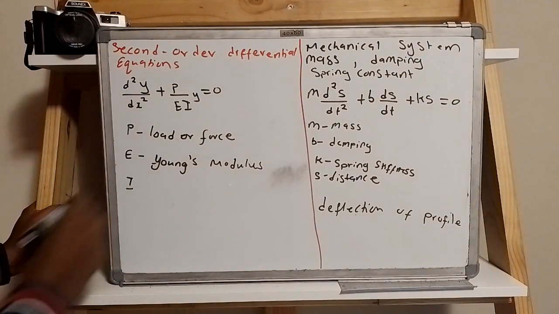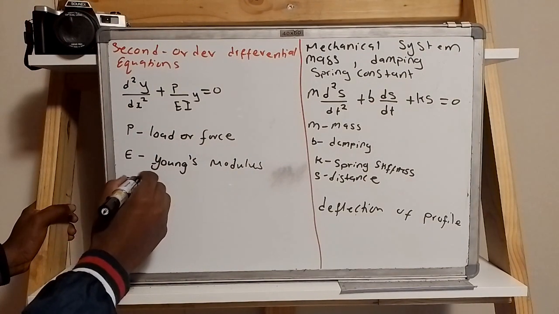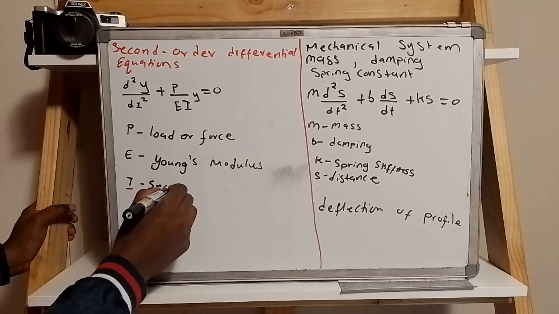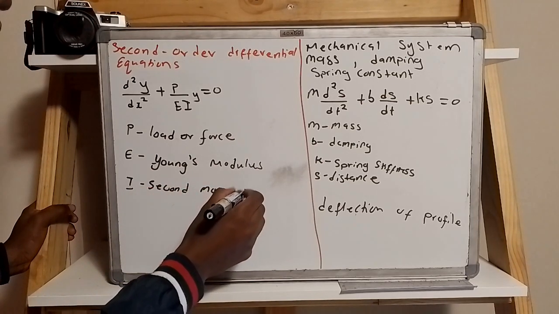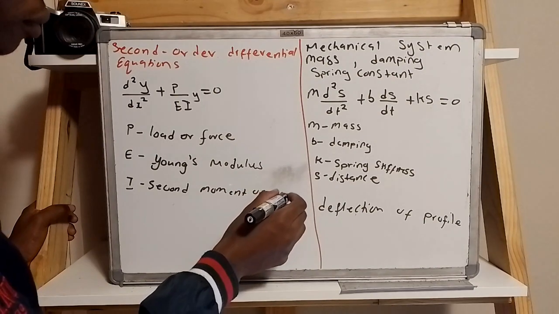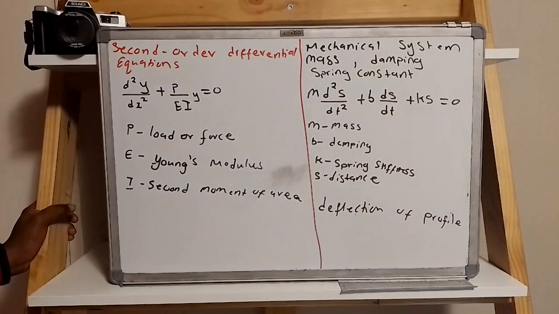I represents the second moment of area. Right? Then, what did I leave? Okay, I think that is that.